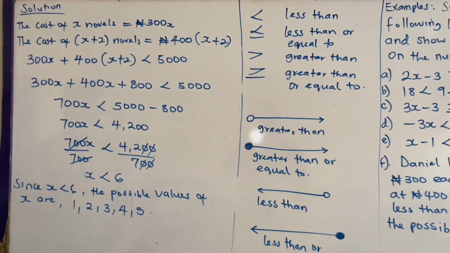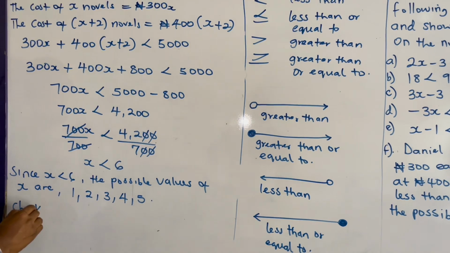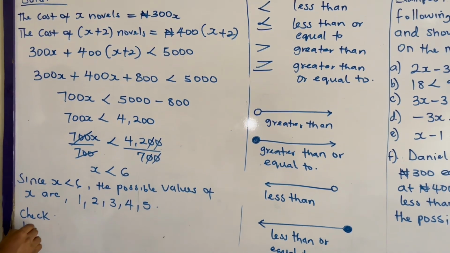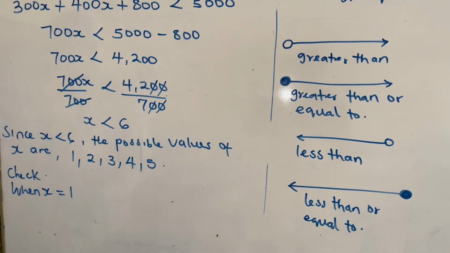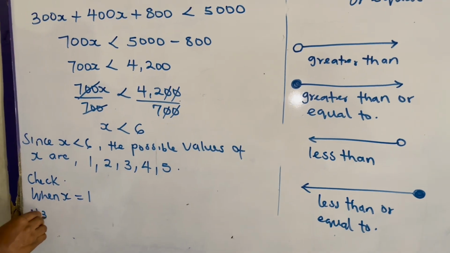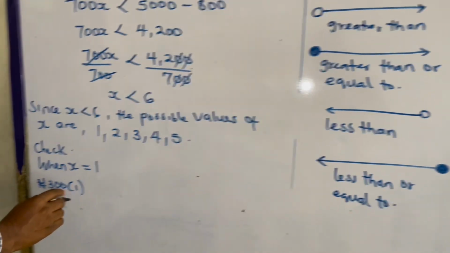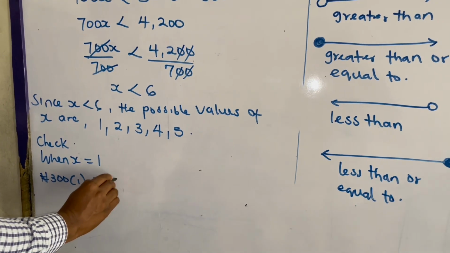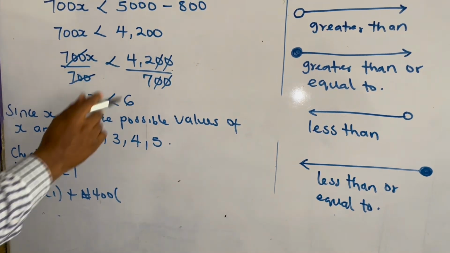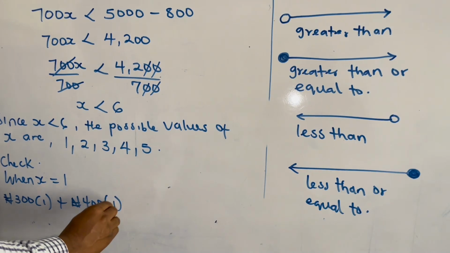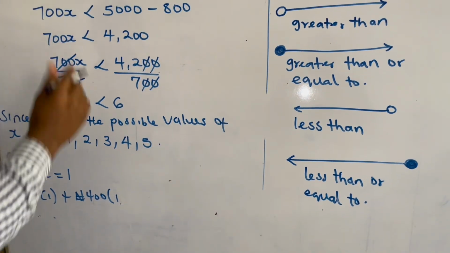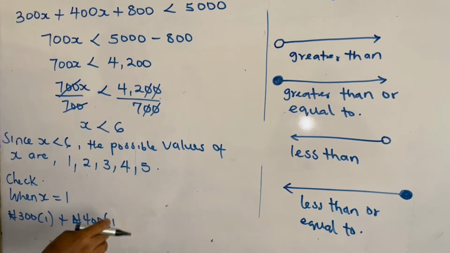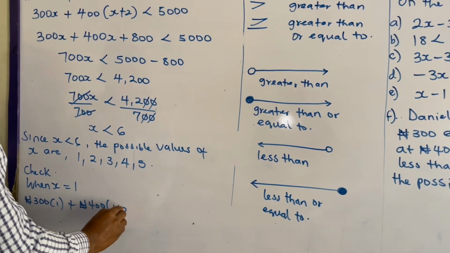Now to check if our answer is correct, when X is equal to 1, for instance, we have 300 naira plus 400 naira times X plus 2. Sorry, X is 1, plus 2.